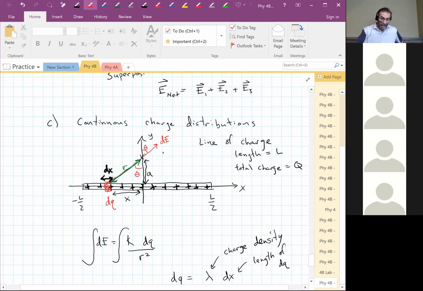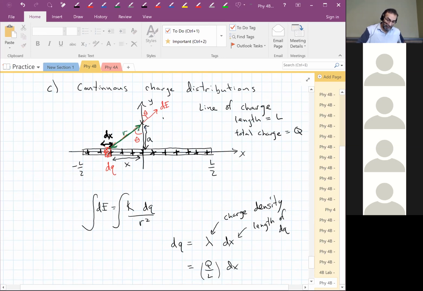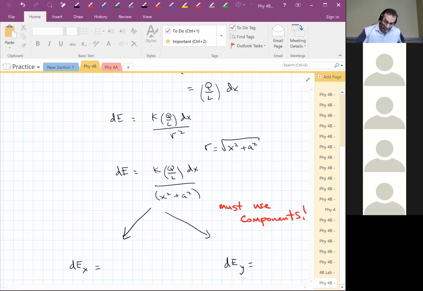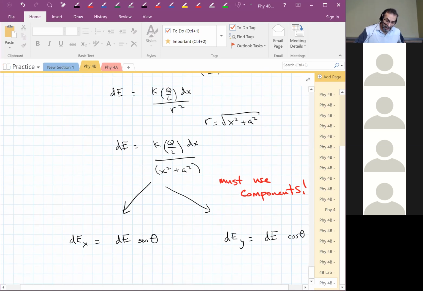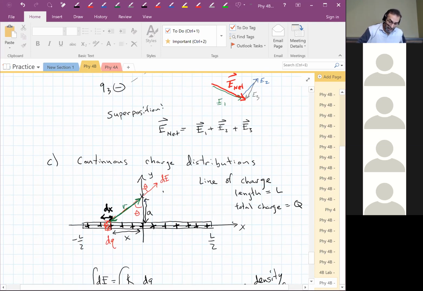And then the y component, if I pick that as theta, the y component is going to be dE times the cosine of theta. You see that? And the x component is going to be dE sine theta, right? Because the x component, I'll use blue, is this one.